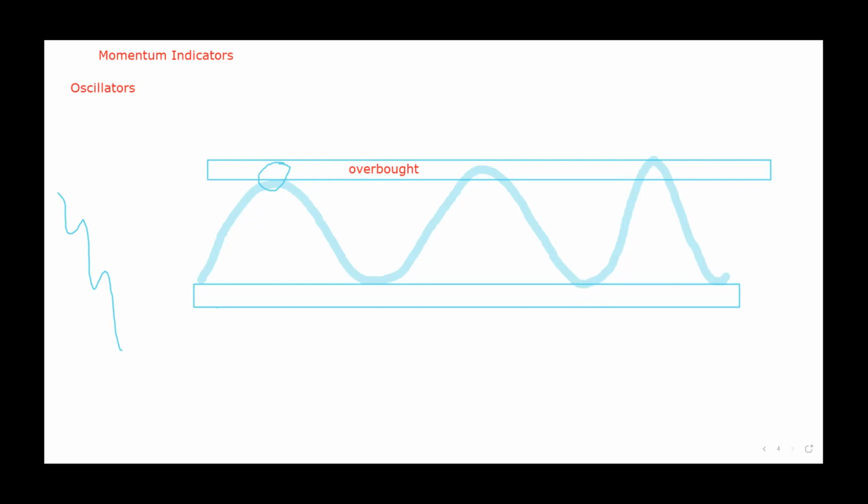At that boundary, which we call the oversold boundary, the indication is that the selling pressure is going to get exhausted and price is going to start moving up. Maybe a shallow move up, a deep move up, or a very deep move up. We don't really know at that point, but what we know is that there's going to be some kind of reversal. That's the information they give us, and they give it to us on time.